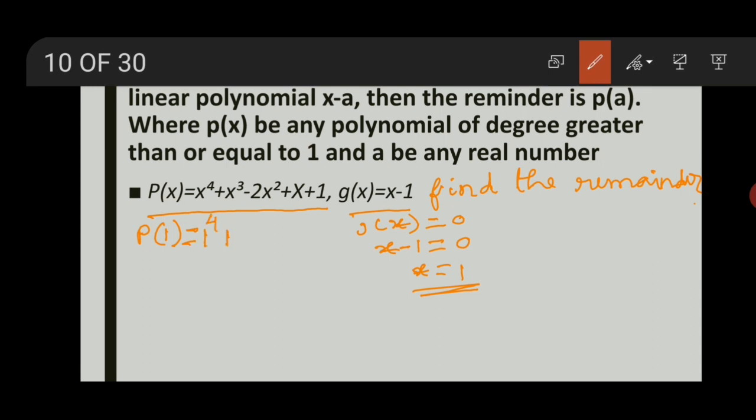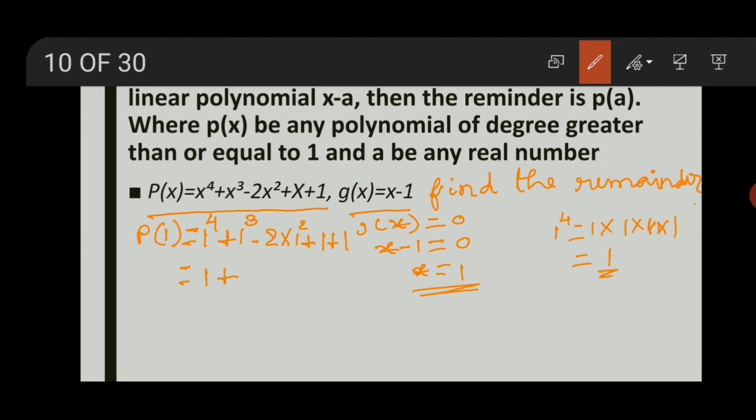Substitute the value of x by 1. So, 1 power 4 plus 1 cube minus 2 into 1 square plus 1 plus 1. 1 power 4 means what? 1 power 4 is equal to 1 into 1 into 1 into 1. What's the product? 1 one is 1, 1 one is 1, 1 one is 1.